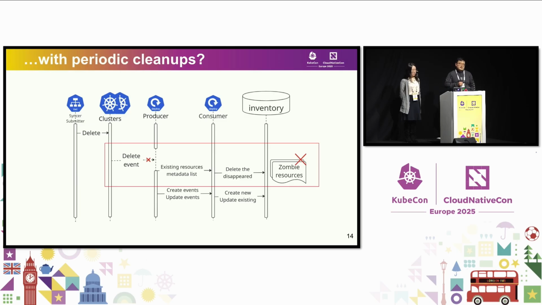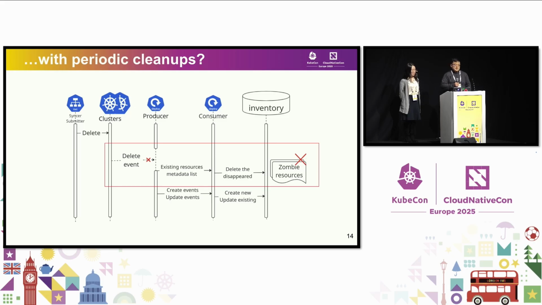The consumer, on the other hand, will take this information and compare it with what exists in the inventory table. So if a record exists in the inventory table but not in the hourly snapshot, then we have identified the zombie record. The consumer will delete the record from the inventory table.